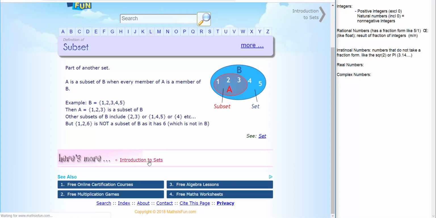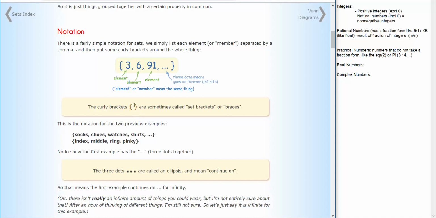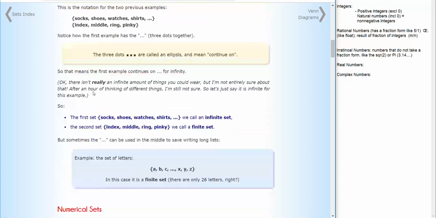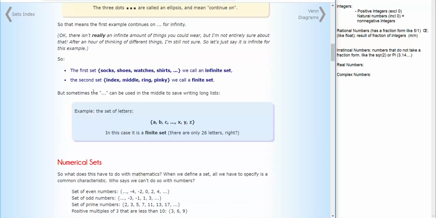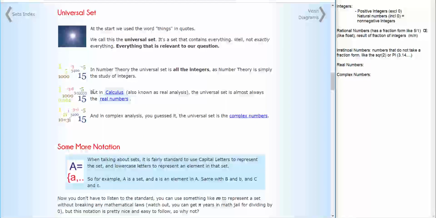Introduction to sets. There's an element of the set, and then we were acquainted with all integers, real numbers. So there's almost always the real numbers.